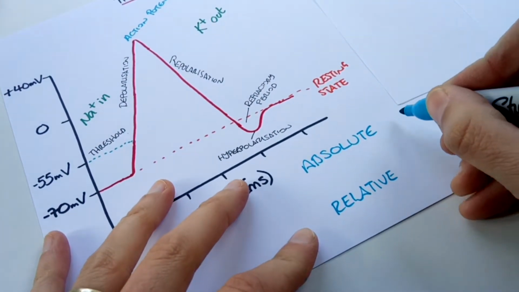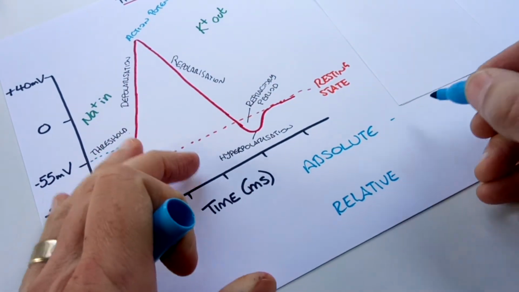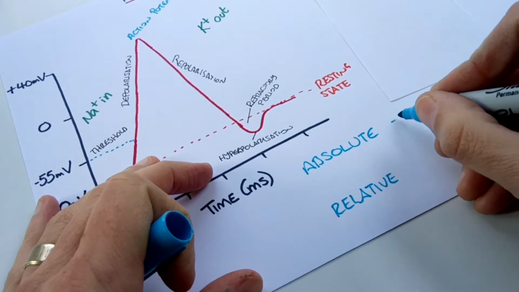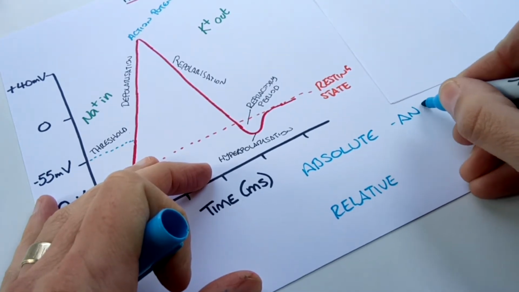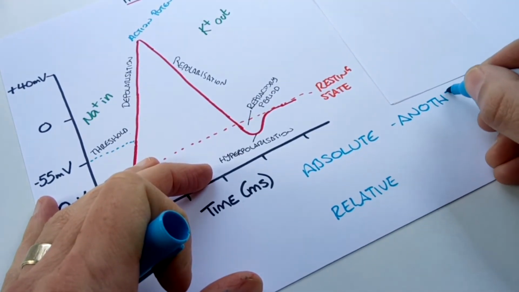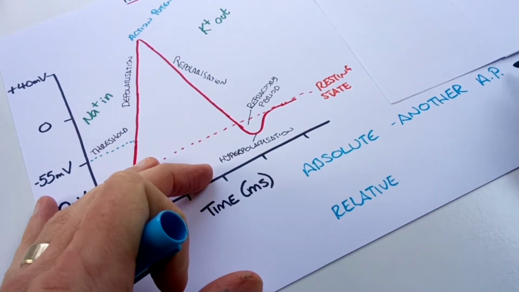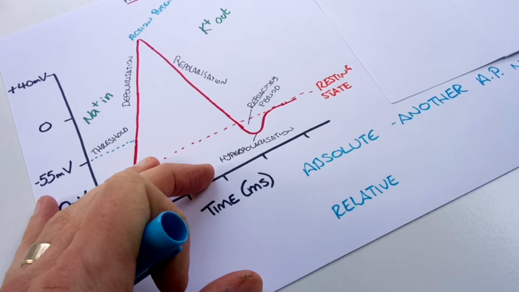So in an absolute refractory period, another action potential not possible. Okay.